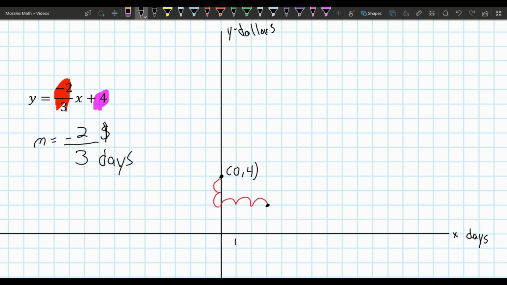Okay, and I only need 2 points, but on day 3, I have now $2 in my bank account. Again, if I continue going and try to keep this lemonade stand going, I'm gonna be broke. 1, 2, 3. By day 6. So 4, 5, 6.